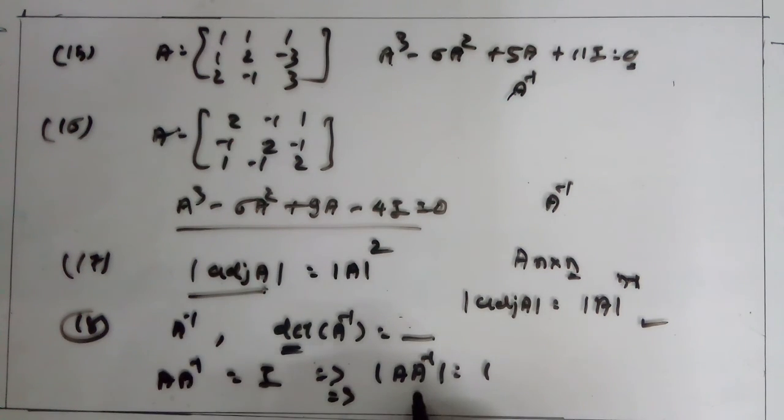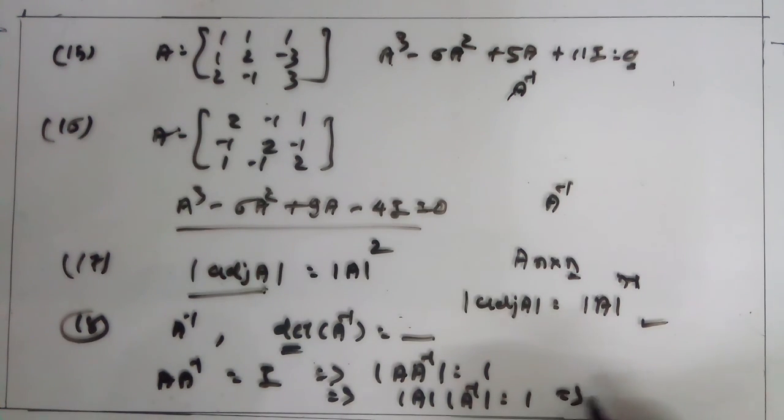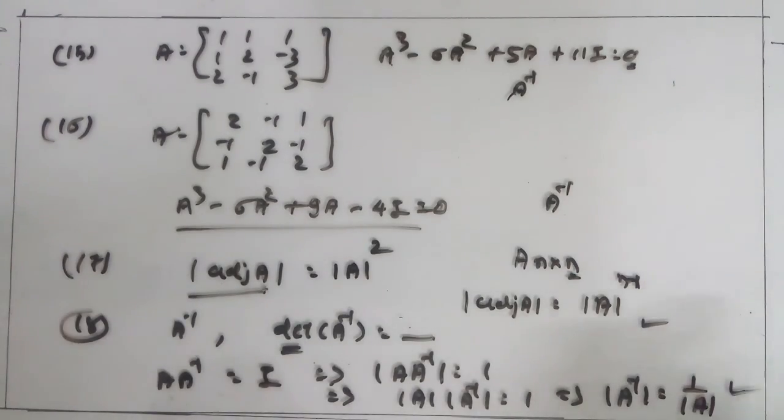So determinant of A into determinant of A inverse is equal to 1. So this implies determinant of A inverse is equal to 1 upon determinant of A. Clear? So option B, 1 upon determinant of A. Clear?